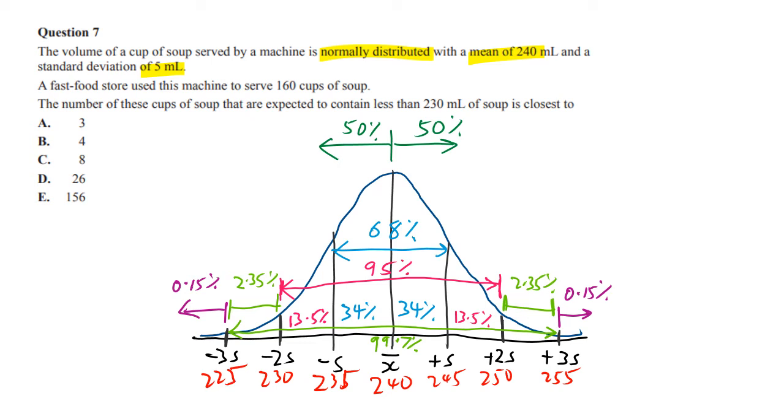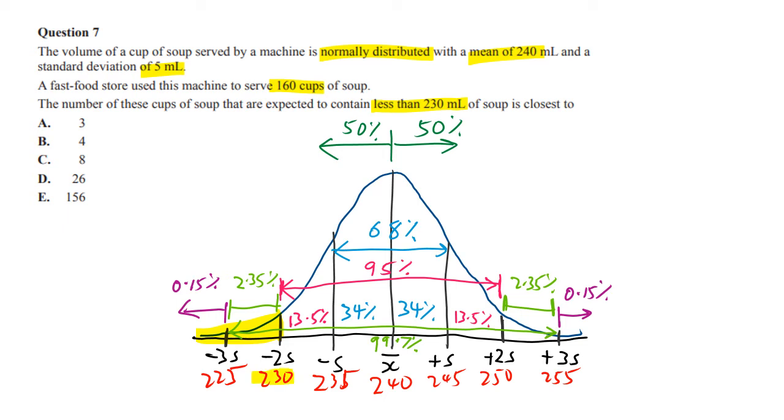All right, so we want to know, and it says here, 160 cups of soup. We haven't shown you how to do that yet, but the number of cups of soup that are expected to contain less than 230 mils. So that less than 230 mils is this area here. We started at 230 and went less.